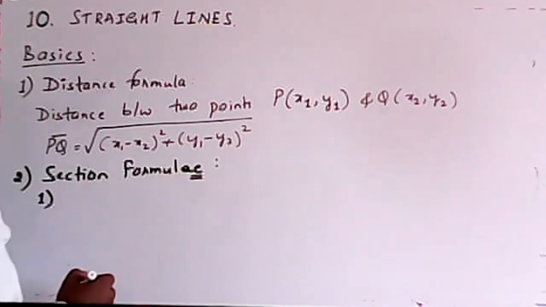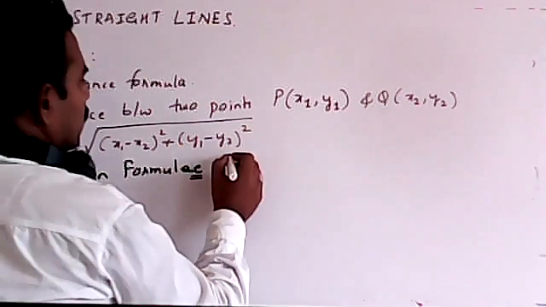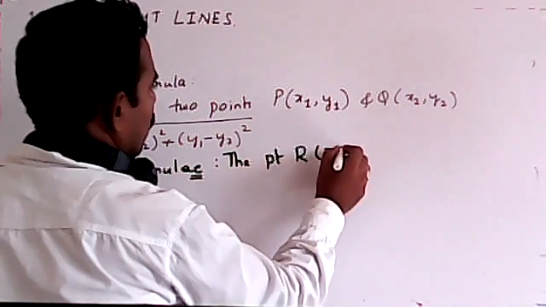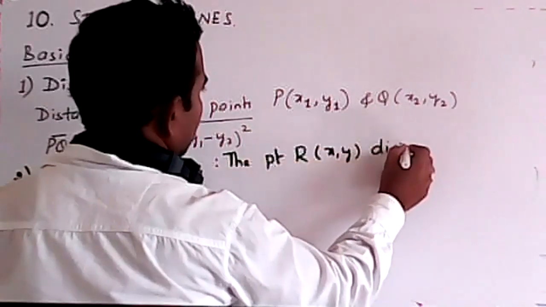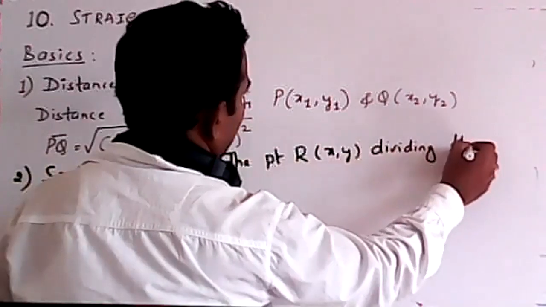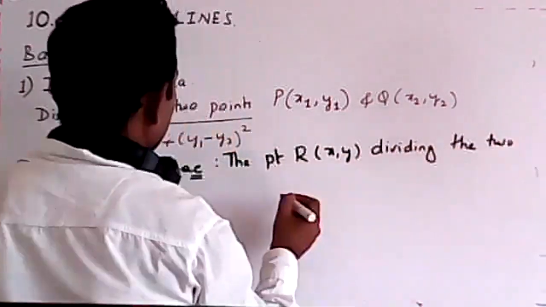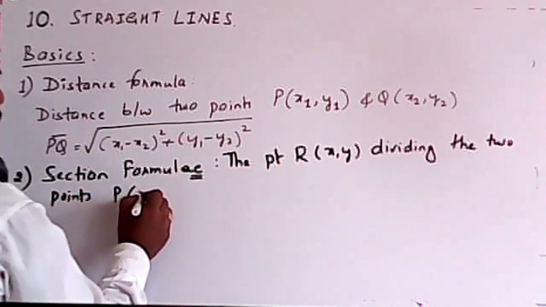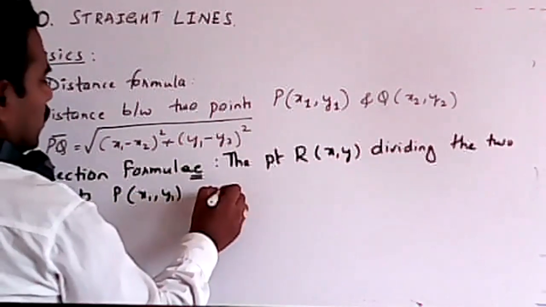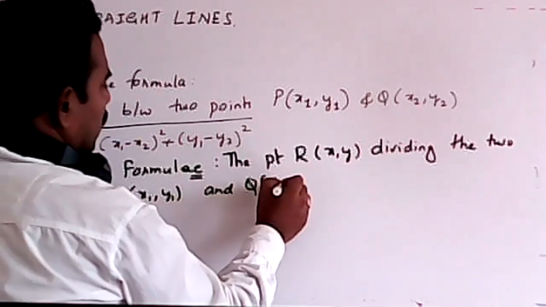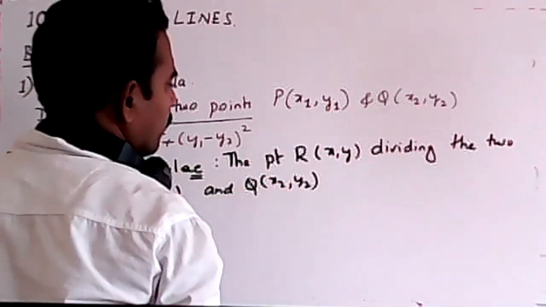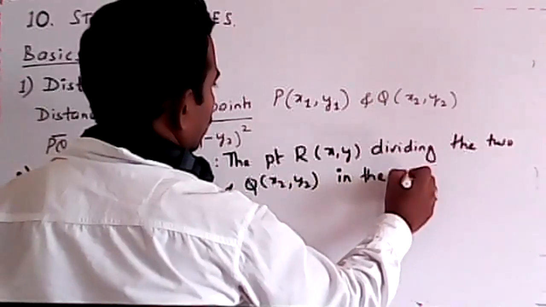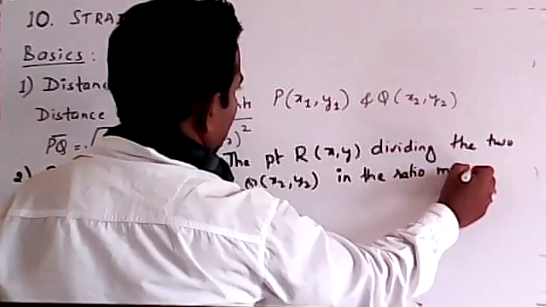The point R, say point R having the coordinates x y, dividing the 2 points P, x1, y1 and Q, x2, y2 in the ratio m is to n.